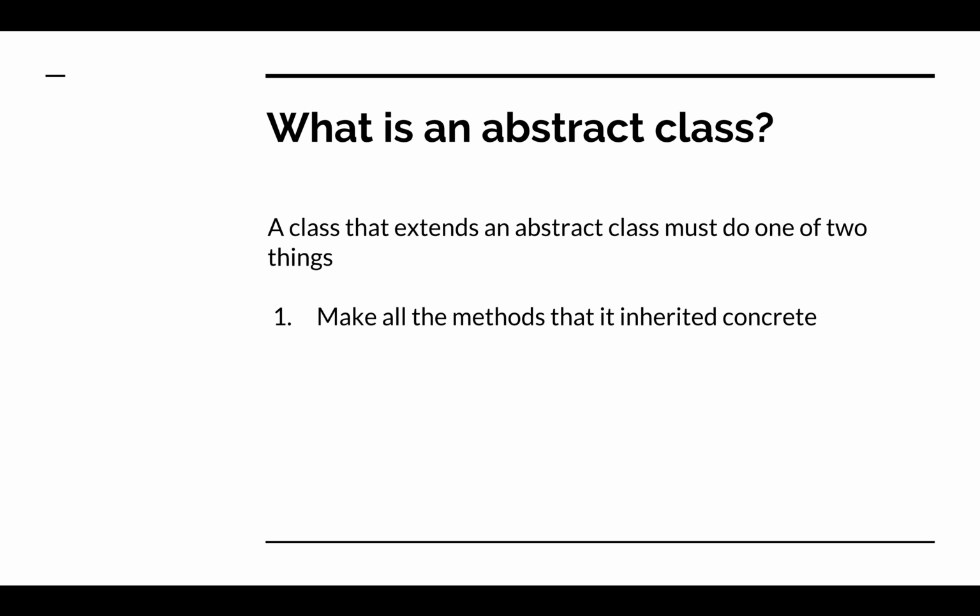The other thing is, if you don't provide concreteness to all of the methods, you yourself must be abstract. Questions about this? Okay. Cool. So either provide implementations or yourself be abstract. Otherwise the compiler will complain.